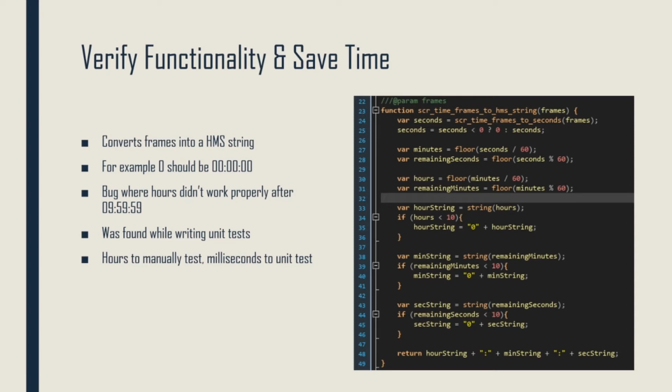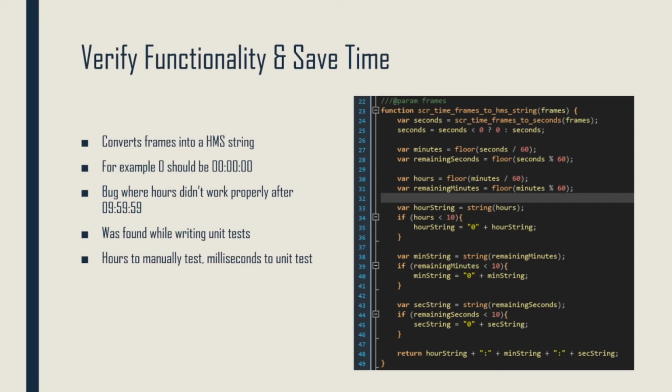And I only found it out when I was writing unit tests, because I only test Catala in small chunks of time, usually like a couple minutes, and I don't usually save the file. So none of my save files have actually gotten to 10 hours or more yet, which is why I only found this when writing unit tests. It would have taken over 10 hours of someone playing the game to run into this problem, but it took milliseconds for the test to find it.